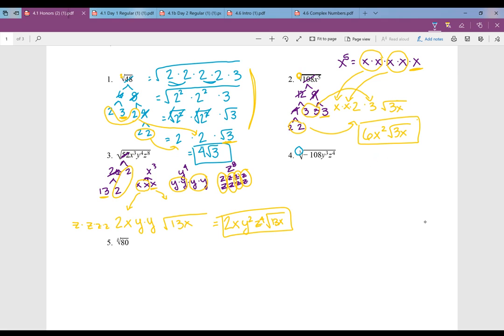So let's do this. So we have negative 108. Now the difference with odd radicals, if you remember, we can have negatives, because if we do a negative times a negative times a negative, that's going to be negative.